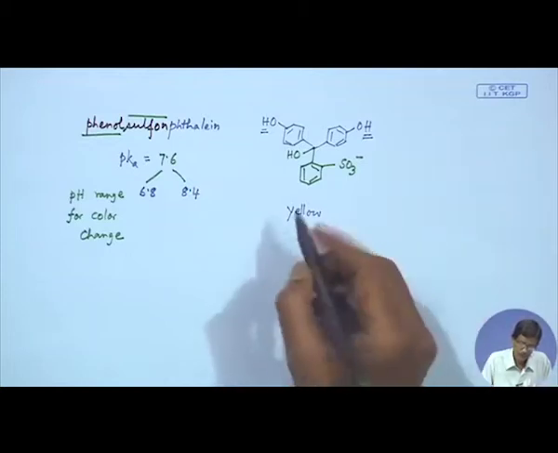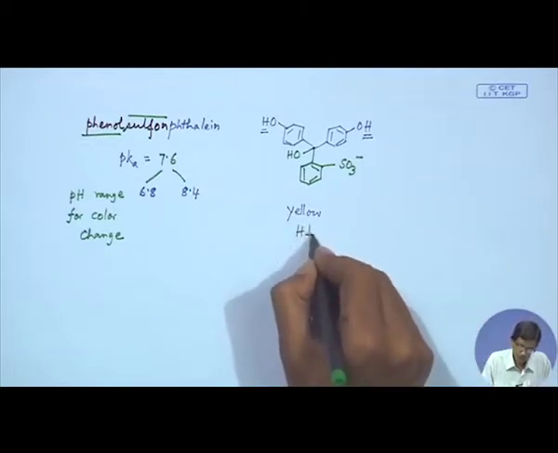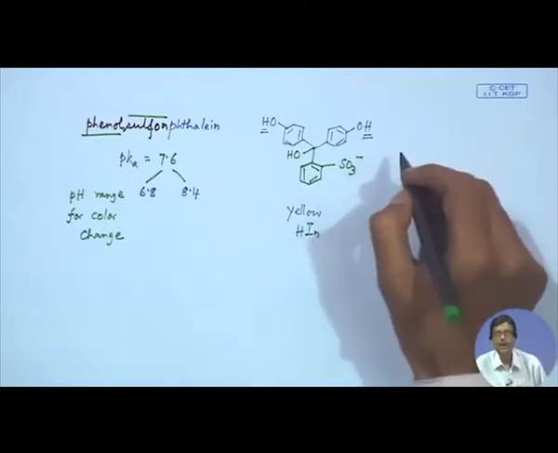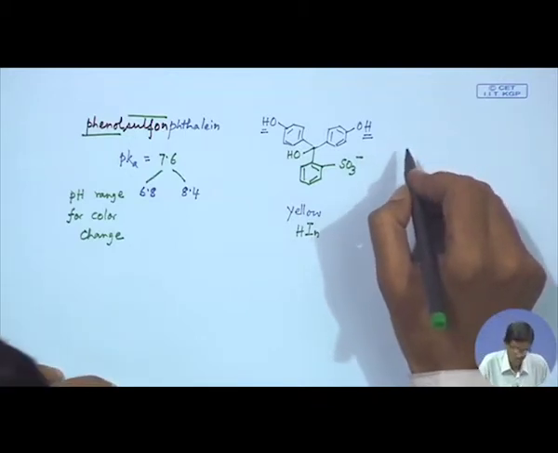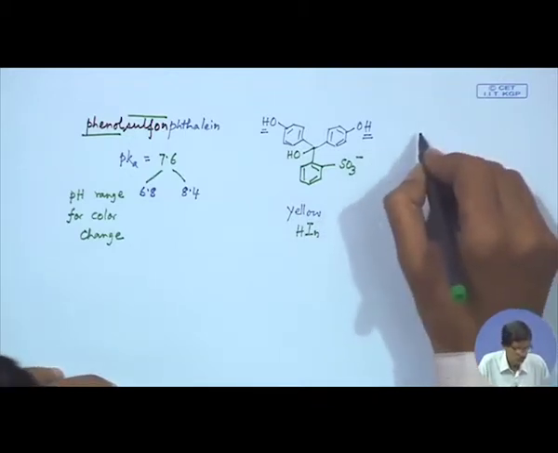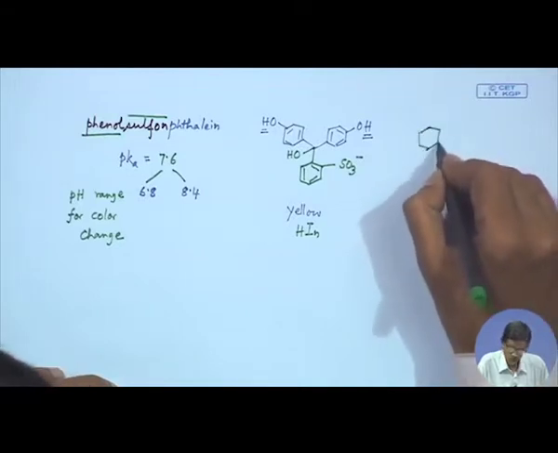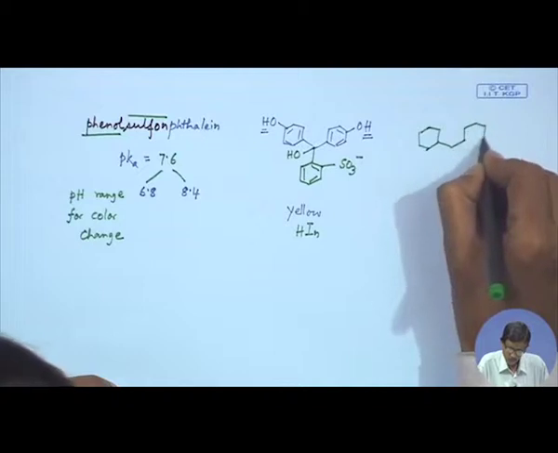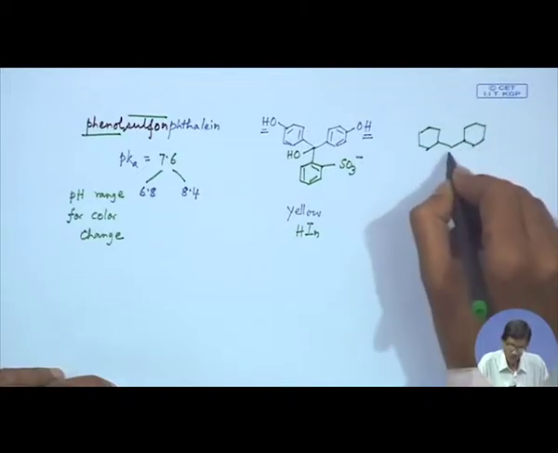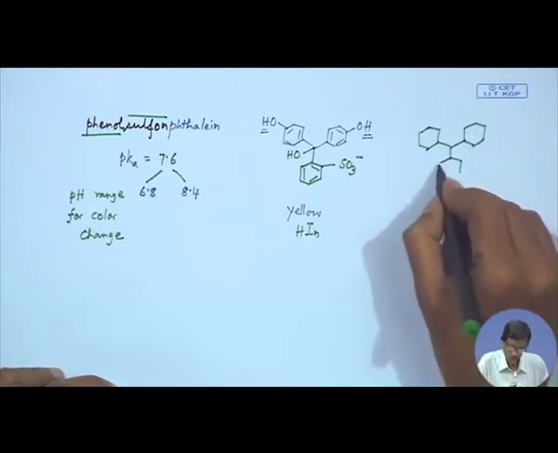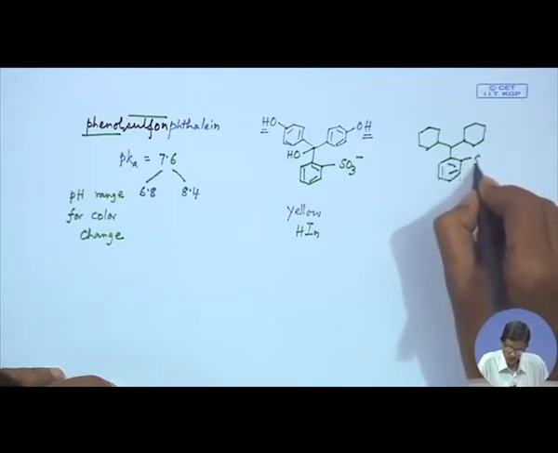This yellow color is for HIn, if it is present, and through deprotonation it can go to the other, colored form.